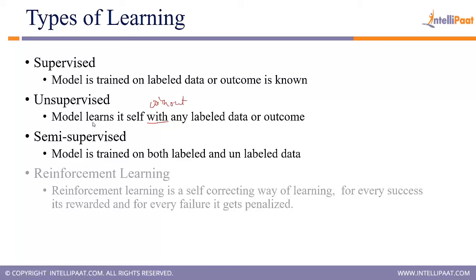Reinforcement learning is a self-correcting way of learning, where for every success it gets rewarded, and for every failure it gets penalized, right? That sort of learning we can see in the cognitive thinking of a robot. Let's say, for example, I ordered a robot to get me a glass of water.